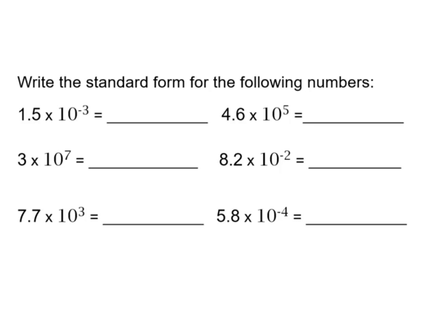For our first problem, we have 1.5 times 10 to the -3, 4.6 times 10 to the 5th power, 3 times 10 to the 7th power, 8.2 times 10 to the -2nd power, 7.7 times 10 cubed, or 10 to the 3rd power, and 5.8 times 10 to the -4th power.